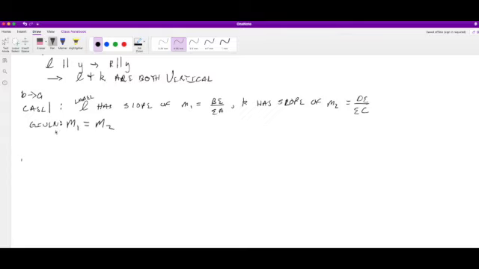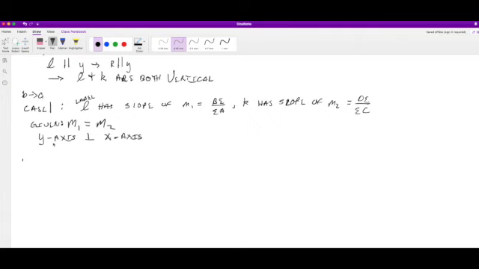Now, since we are still dealing with this being superimposed on the XY axis, we still know that the y-axis is perpendicular to the x-axis, right? We still know that. That's a big piece that we know. And if that is true, think about what else we know.